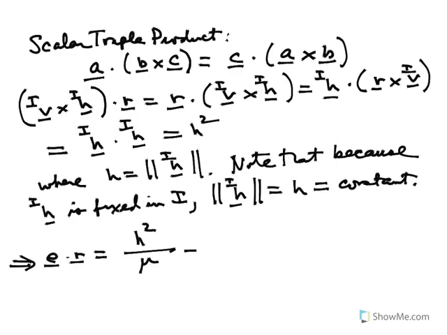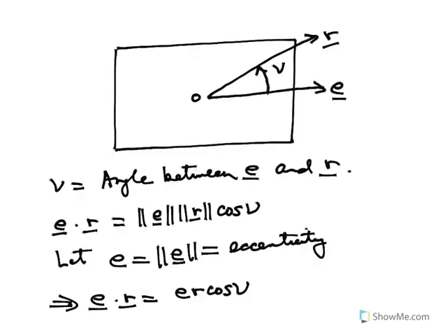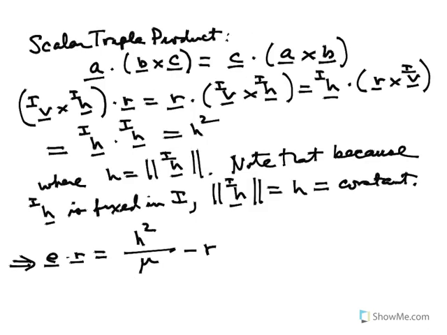But note something, that this has to equal the first expression for E dotted with R, which is equal to ER times the cosine of nu. So I can now rearrange this further.